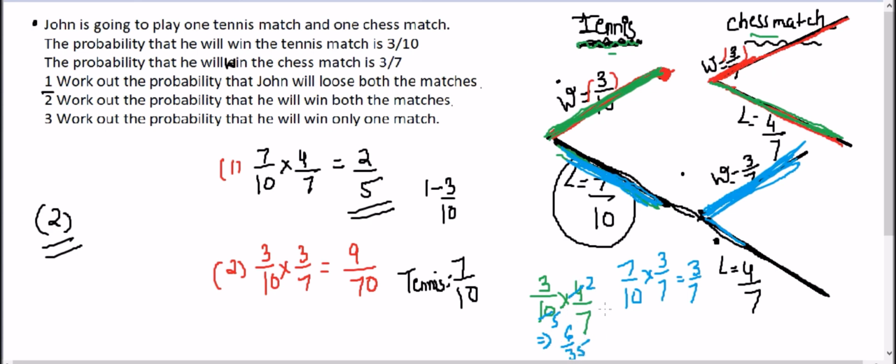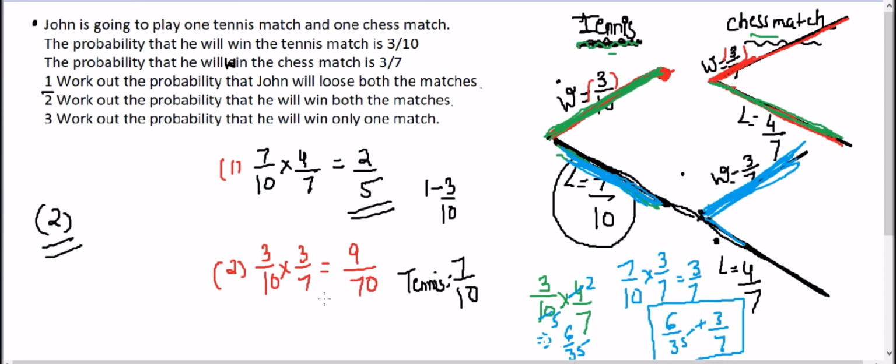Now we need to add them. These are either-or conditions, and when there is an or condition, you need to add them. So 6 by 35 plus 3 by 7 is the probability when he will win only one match.